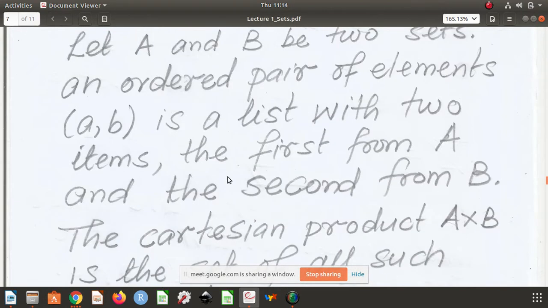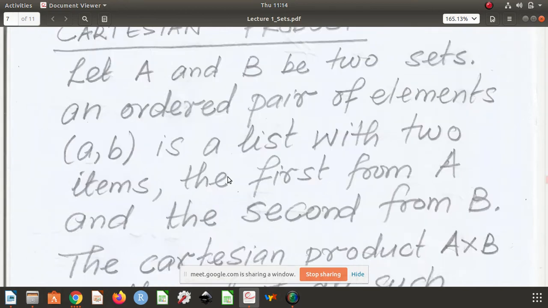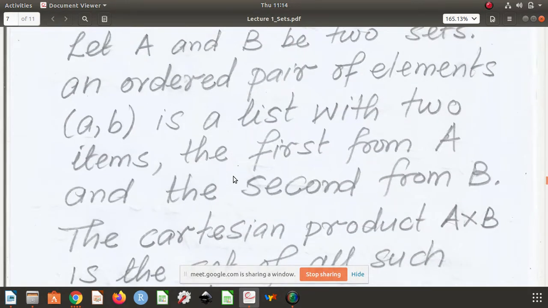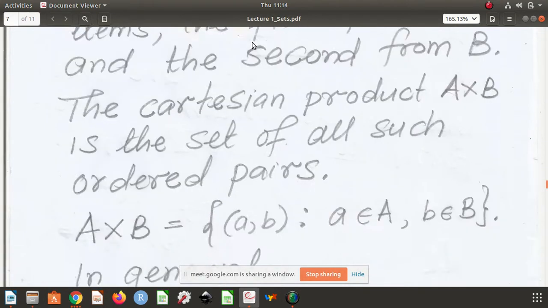The other thing that's important is what we call the Cartesian product. If you have two sets and an ordered pair of elements (a, b), where a is picked from A and b is picked from B, then the set of all such ordered pairs will be called the Cartesian product of A and B. Yeah, so that's what we mean by Cartesian product.